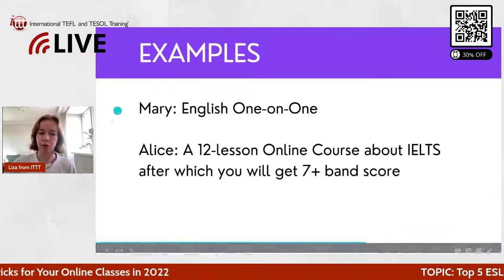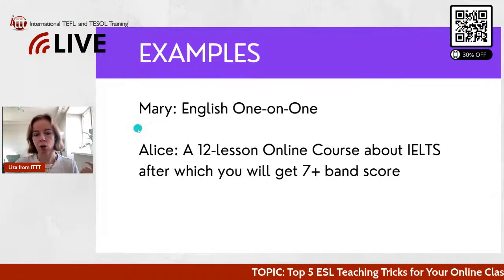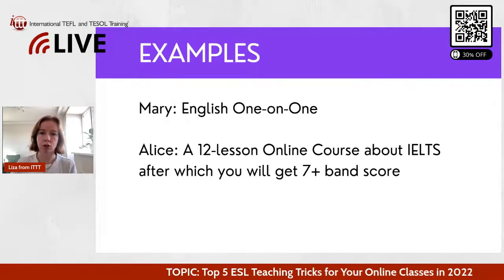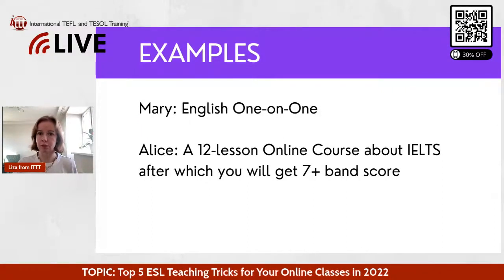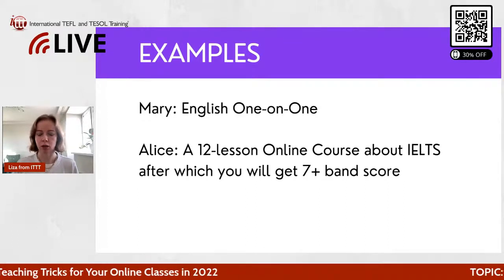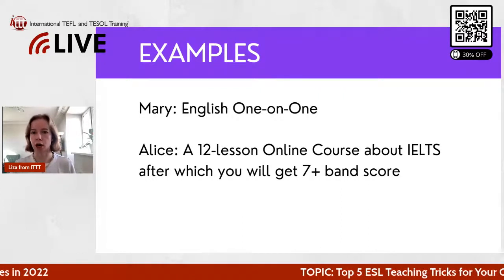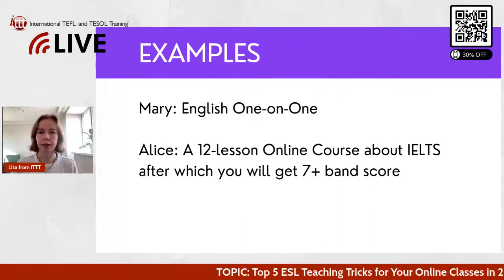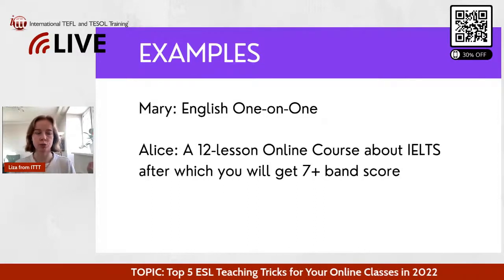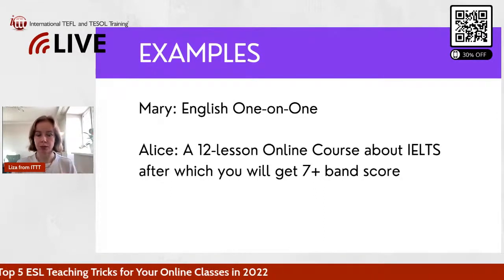So, for example, one teacher whose name is Mary offers just English one-on-one. She doesn't specify anything. Maybe she says something like, well, apart from English one-on-one, we can also prepare for IELTS, for Cambridge exams. You will be able to work abroad and stuff, but nothing specific.